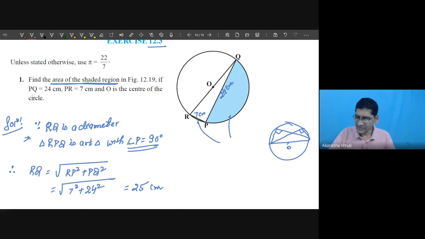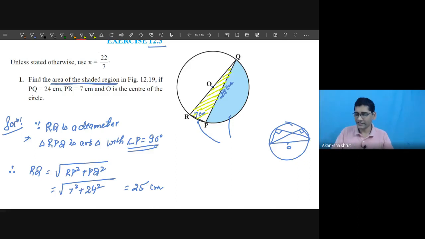Now, after this, how this required area can be calculated? By taking the area of semicircle minus area of this triangle. So subtracting the area of this triangle from the semicircle, we can get it.